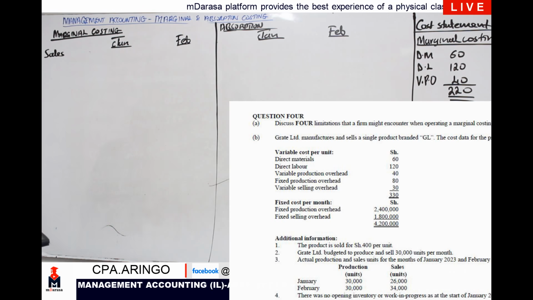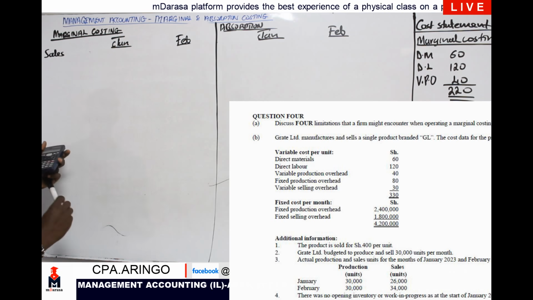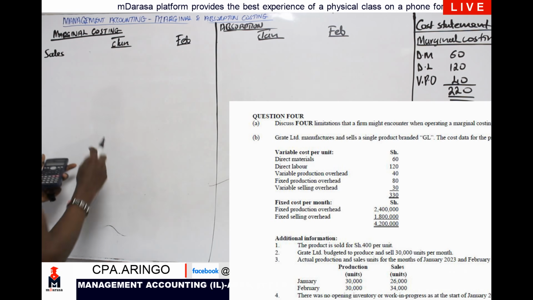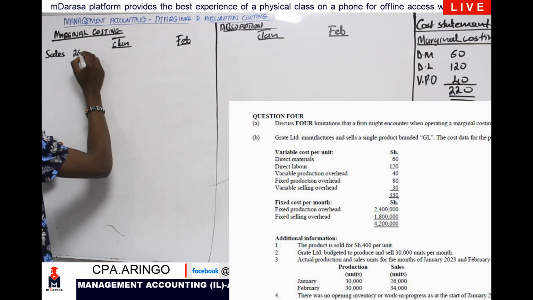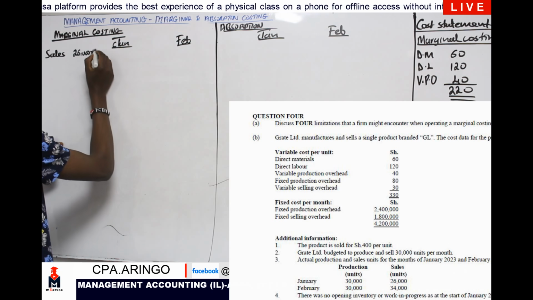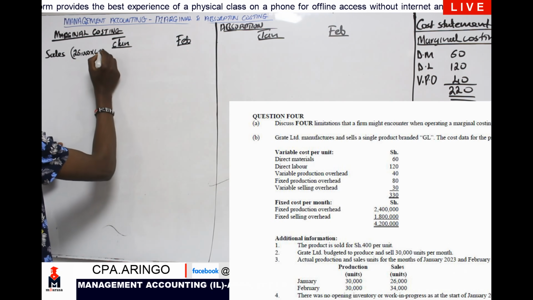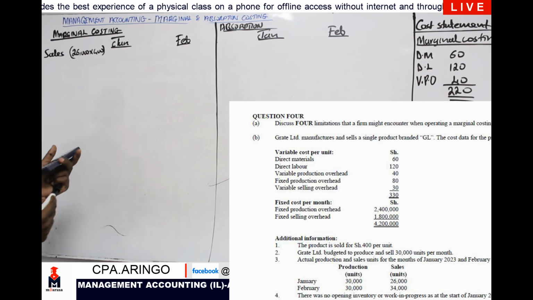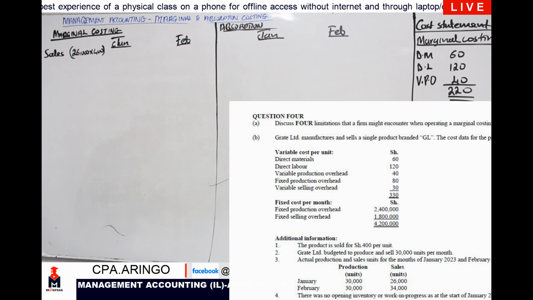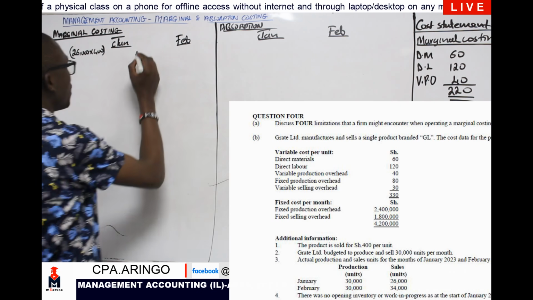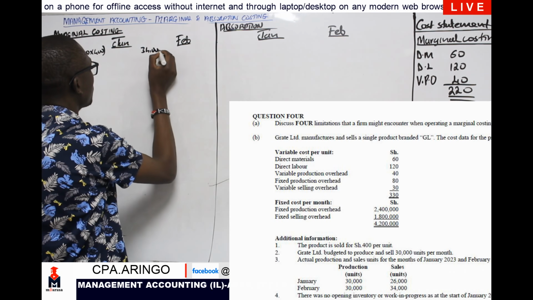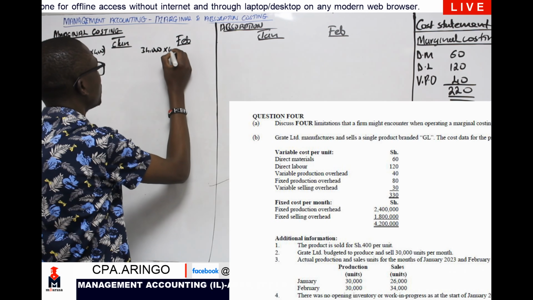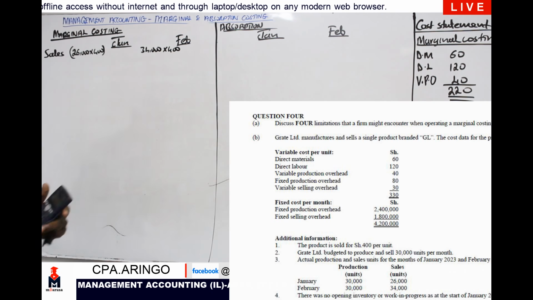So 26,000 by 400 for January. What about Feb? For Feb, we had our sales to be 34,000, so I'm having 34,000 here by 400.